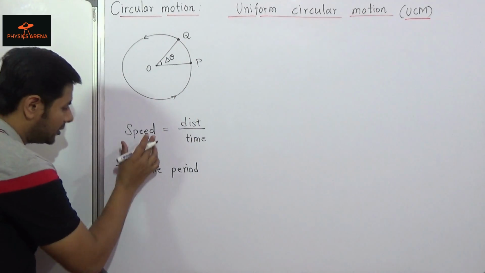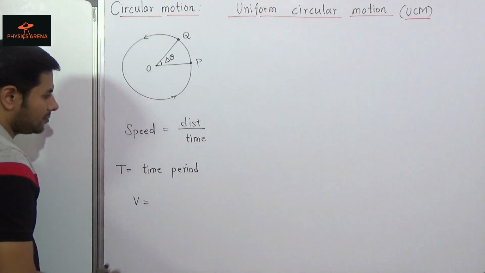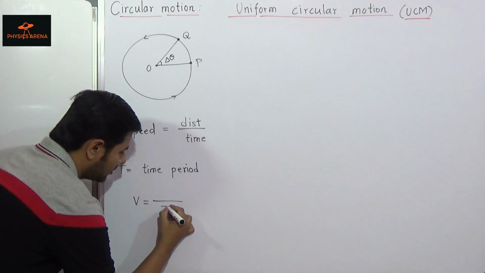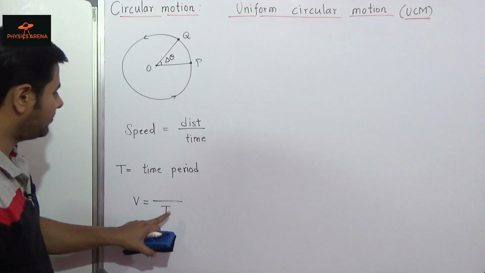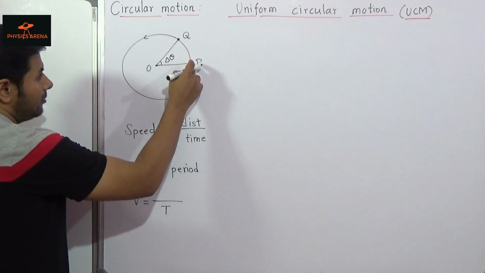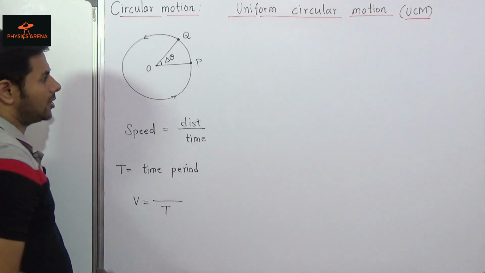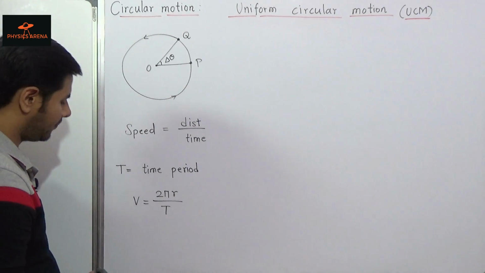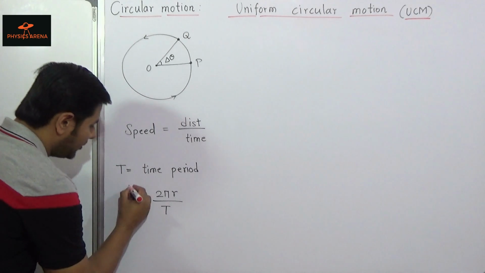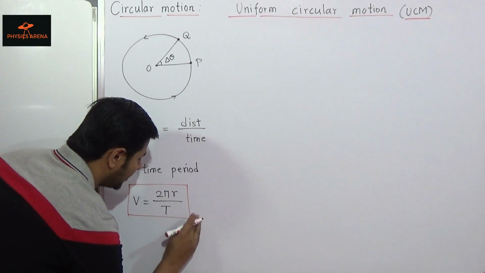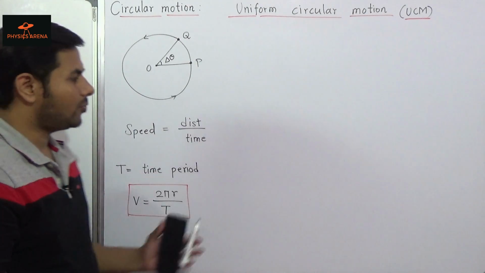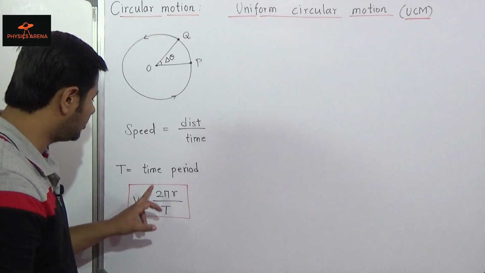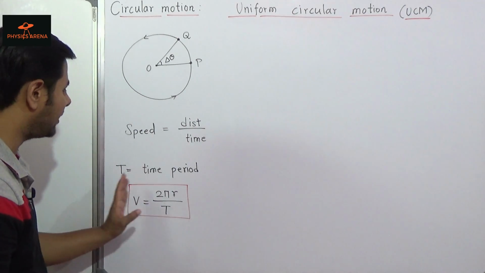So let's denote speed by v, and let's take time equal to the time period. So distance covered in this much time period would be equal to the circumference of the circle, and that is 2 pi r. So we found the expression for speed of the particle performing uniform circular motion, and that expression is v is equal to 2 pi r divided by the time period.